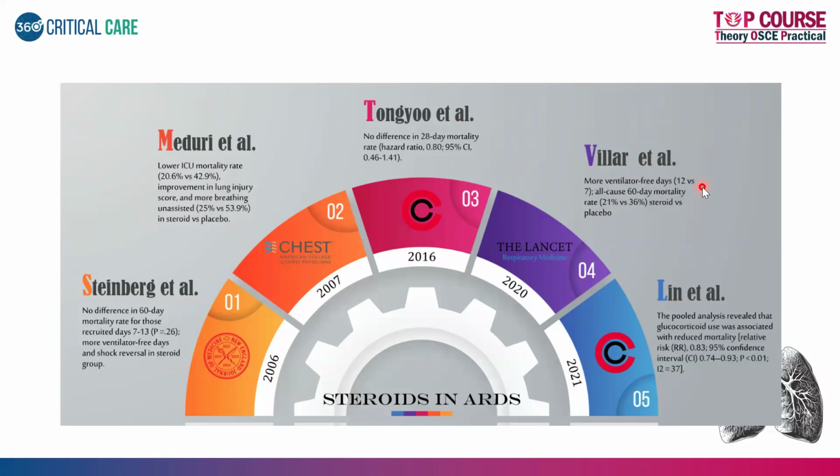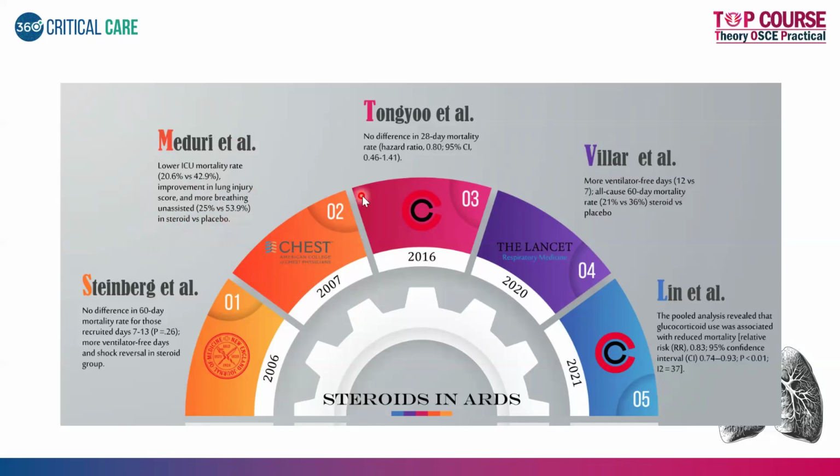So, by and large, the first positive outcome was seen with the Meduri et al. trial in 2007, which was published in Chest. What it saw was there was a lower ICU mortality rate, that is 20% as compared to 42%. It also looked at lung injury score, when there was comparison between steroid versus placebo.